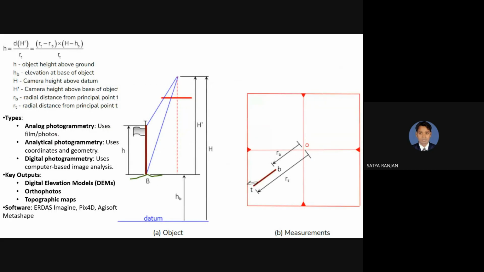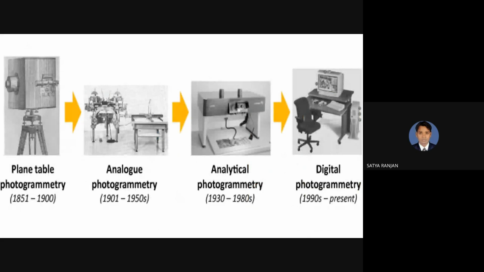Then photogrammetry. So generally, photogrammetry is to measure elevation information or getting any information based on the measurement. So there are plane table photogrammetry, earlier it is used, then analog photogrammetry, then analytical photogrammetry, then digital photogrammetry.